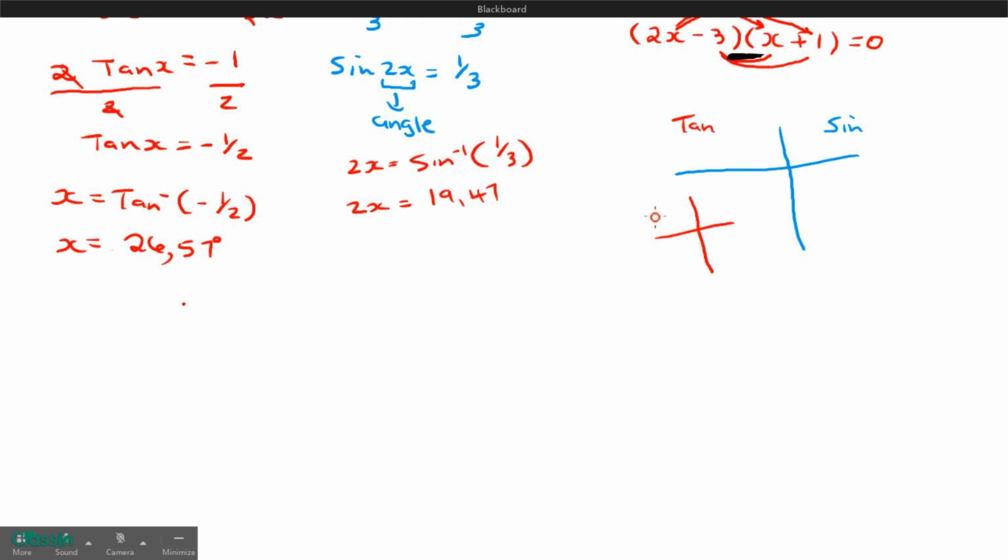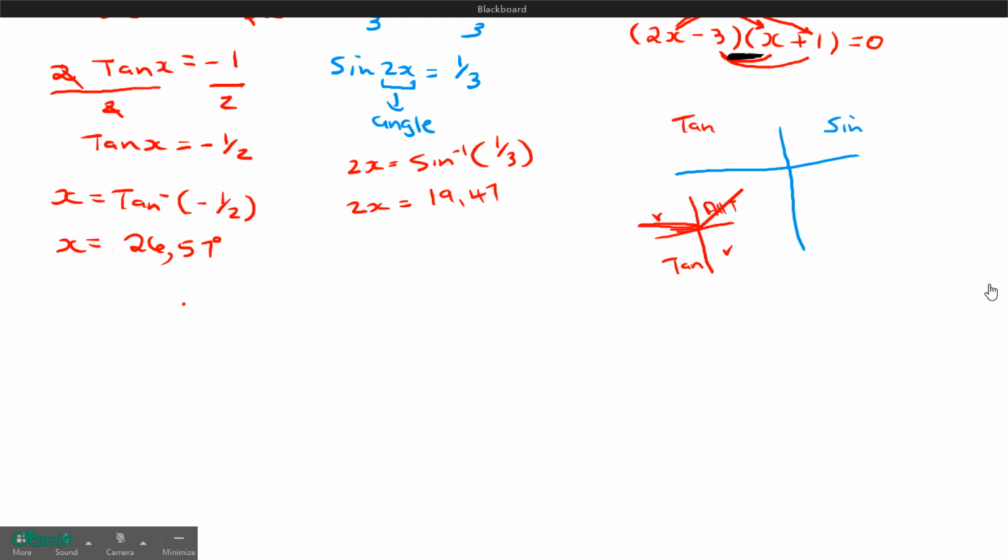Tan is negative in the second quadrant and in the first quadrant, because here they are all positive and tan is positive here. So now, if I've got 26,57, I can draw 26,57 there, and then I can also do the same this side. Draw 26,57 there. Where will our solution be?